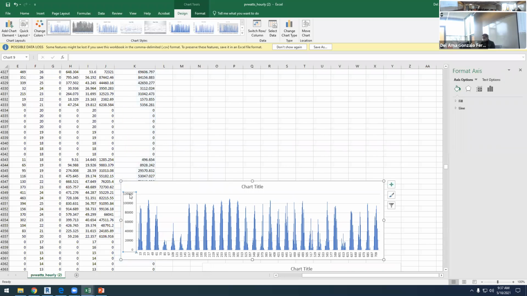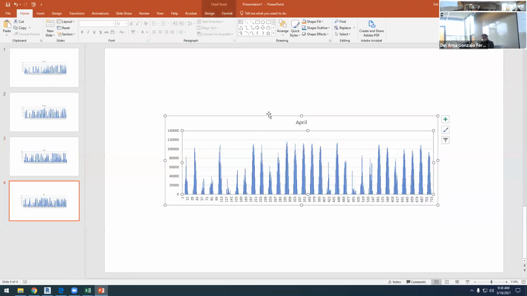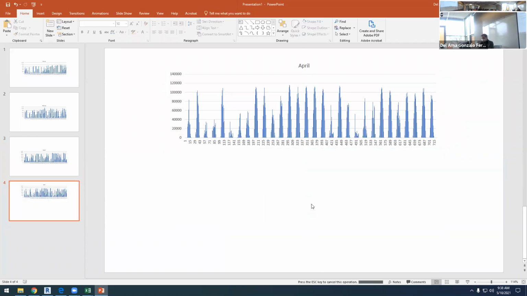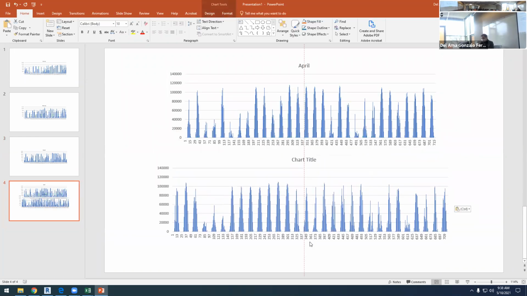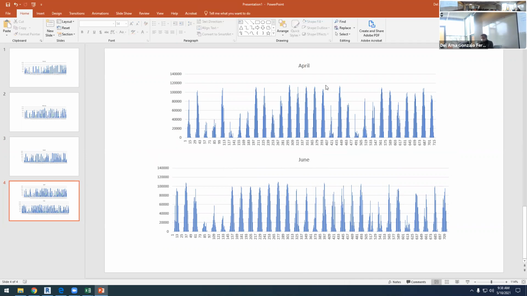Okay. So anyway, I think it would be interesting if we were adjusting the scale. Okay, so we can do that, and we can go to axis option. And if we adjust the scale of all these graphics to 140, that's better because when we are comparing March or April and this is June, we see that the peak production in April is higher than the peak production in June.